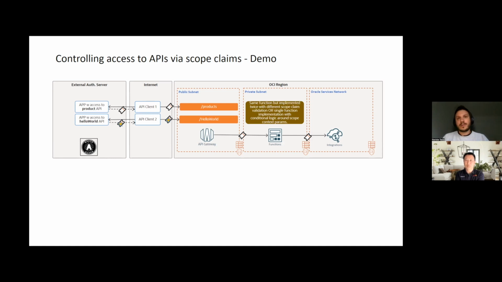So if there's a new client with a slightly different requirement, that can be implemented from the external authorization server, and the OIC endpoint application stays there, with nothing changing on our side. We just create a new client as long as it has the right scope and all the other claims within that token. We don't need to do anything.